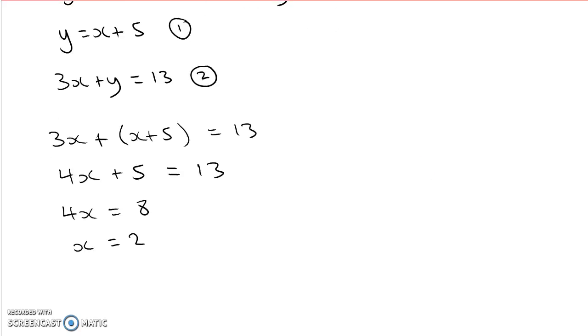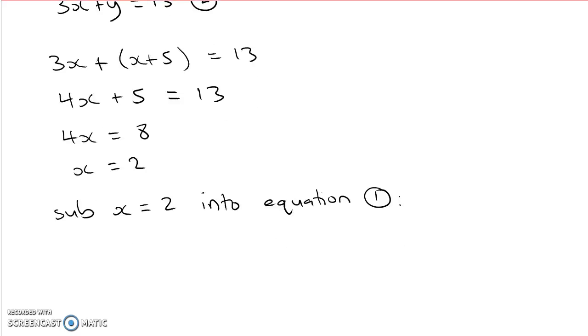So substitute x equals 2 into equation 1. And we get y equals 2 plus 5, so y equals 7.